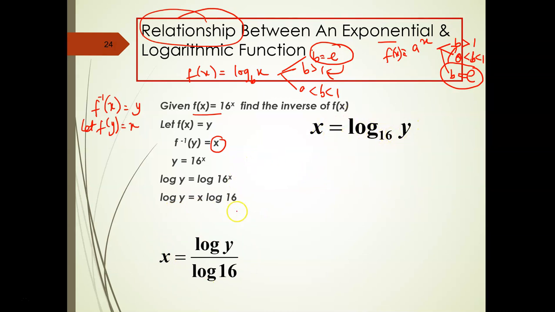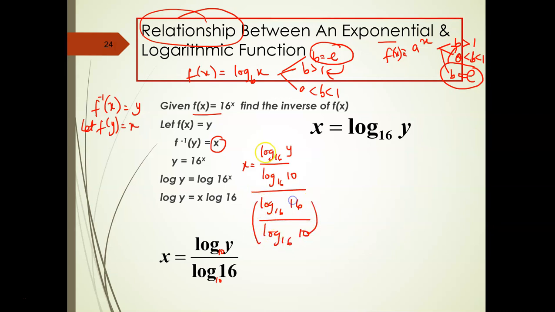Why is it like this? We change the base to 16. In this case this is log 10. So for x we change to base 16, so we have log 16 of y over log 16 of 10, and so on, over log 16 of 16 over log 16 of 10.